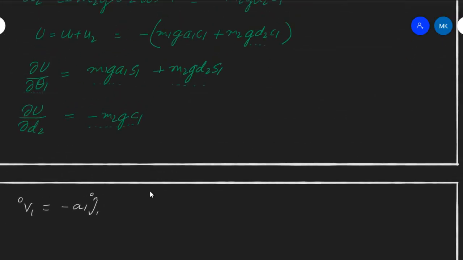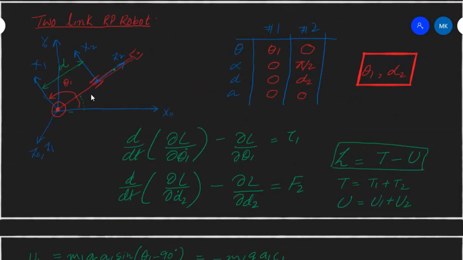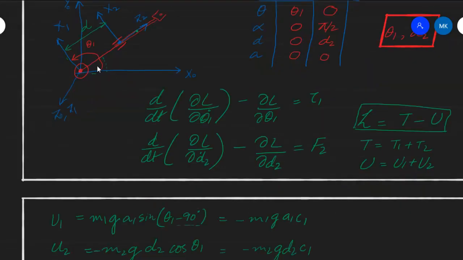v1 of 0, in this case, is minus a1 j1 of 0, because if we talk about the position vector, it is actually towards j1 as per the right hand rule. It is not towards the x1 now, so it will not have the unit vector i. The j1 would actually be here, so I'll draw it here. It's something like this, so this will be your y1.